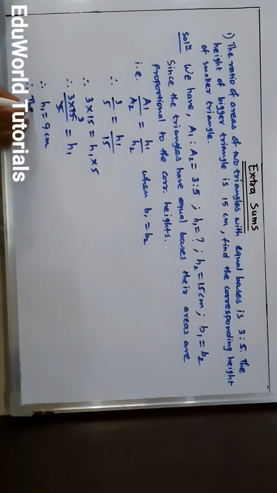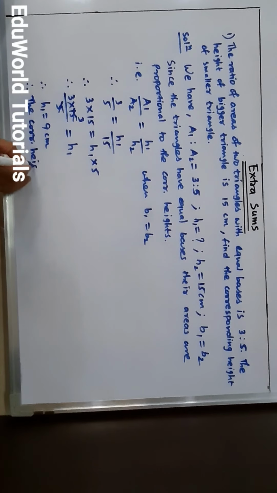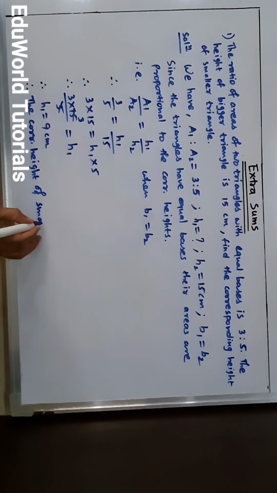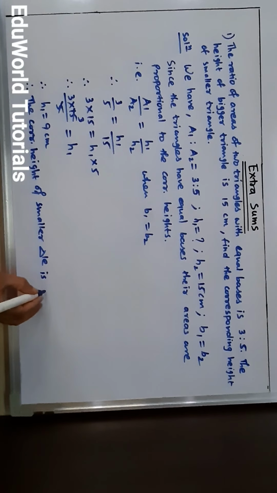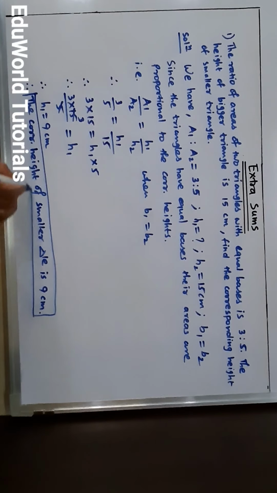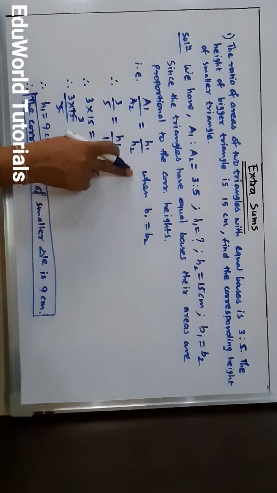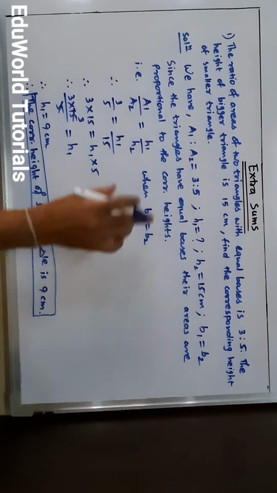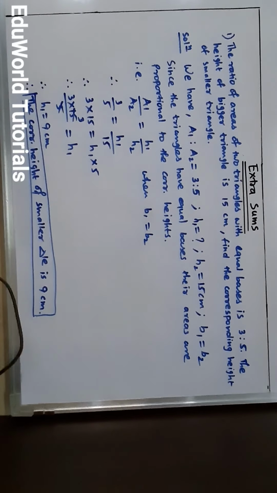Therefore the height of which triangle? The smaller triangle. The height of the smaller triangle is 9 centimeters. Understand? This is our answer. Have we written the reason? Yes, we have written the reason, everything. So this is how we have to solve the sum.